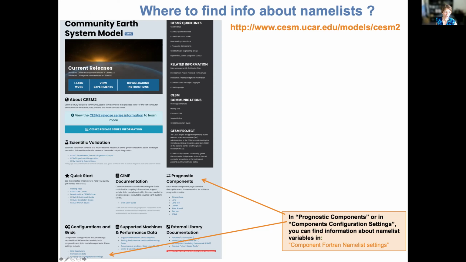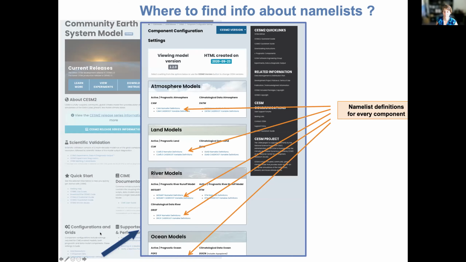Here you have the prognostic component, or also another place, configuration and grid. This is where you can find information about the namelist. I'm going to go into the component configuration and grid.